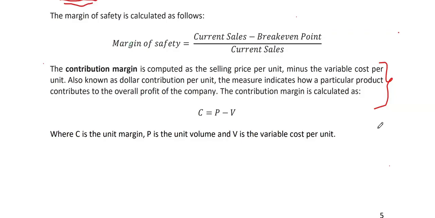It could be that the traditional beer has a contribution margin of $5. We're going to interpret this. It could be that the flavored beer has a contribution margin of $2. And the light beer has a contribution margin of $1.50.